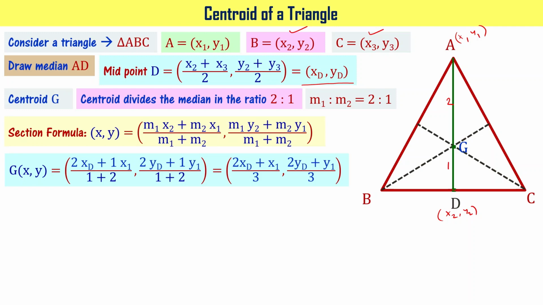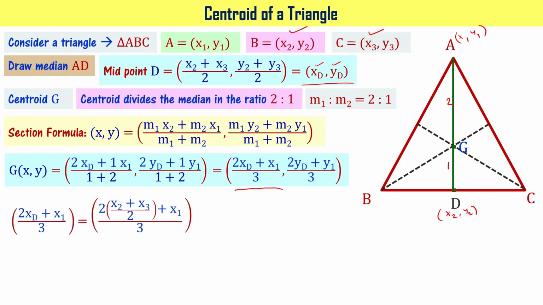Now we know what the values of xd and yd are. We can substitute them into this equation, right? For that, let me consider only this particular part and simplify it. 2 times xd plus x1 by 3 can now be written as 2 times x2 plus x3 divided by 2 plus x1 divided by 3, right?